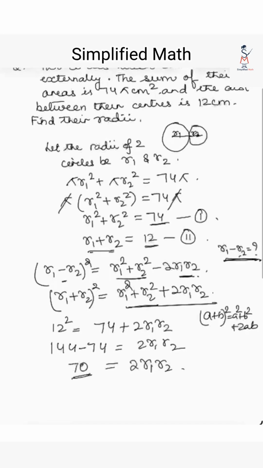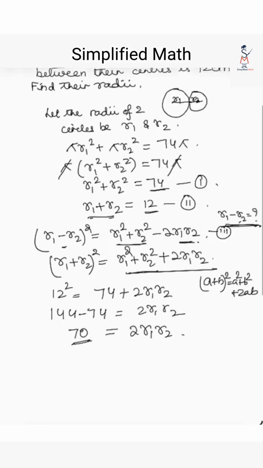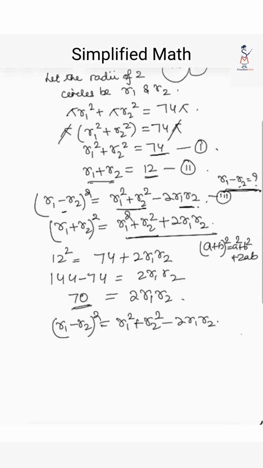Now we will put this in the third equation. So now we can write R1 minus R2 whole square is R1 square plus R2 square minus 2 R1 R2, again using the identity A minus B whole square, which I have expanded.